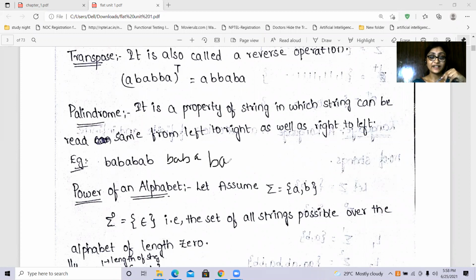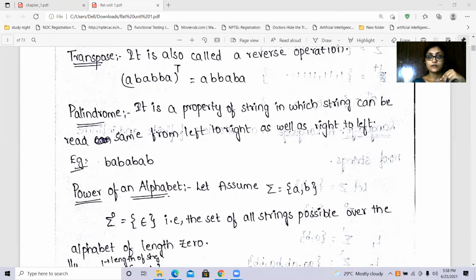So since we are getting the same from left to right and right to left, it is called a palindrome. For example, ABA can also be considered a palindrome since we can read it from left to right and right to left the same. Hence, it is also a palindrome.